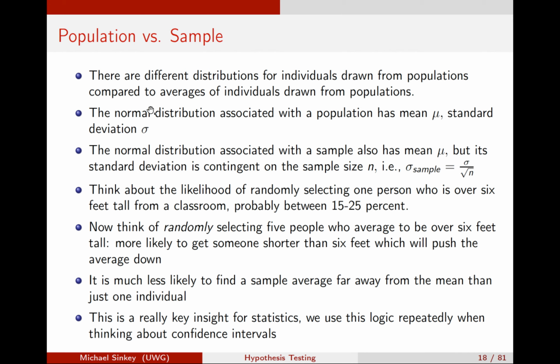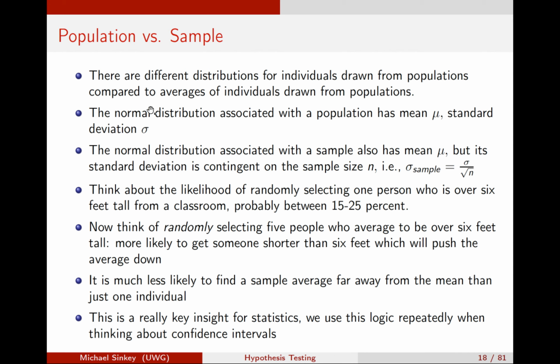And just to think of the logic behind this, let's say you take two individuals out of a population randomly. There's a 50% chance that either person will be above the mean. There's a 50% chance of being below.